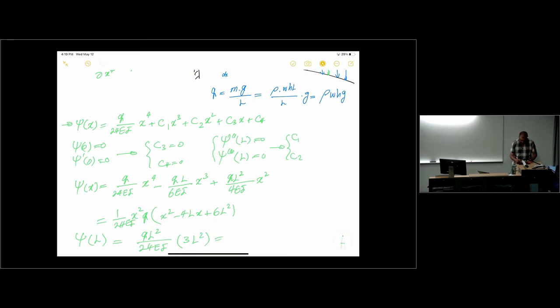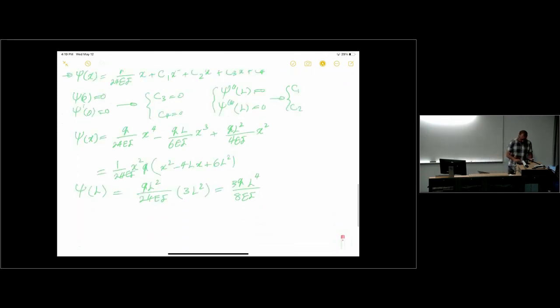So it's going to be Q over 8 EI times L to the 4. So that's the amount of deflection of the beam under its own weight.